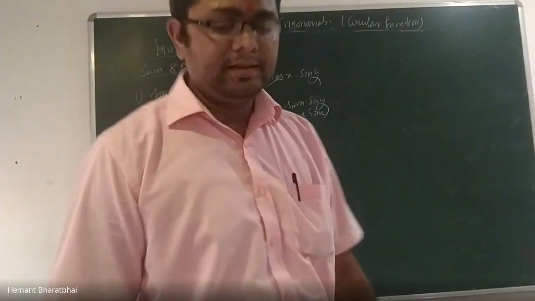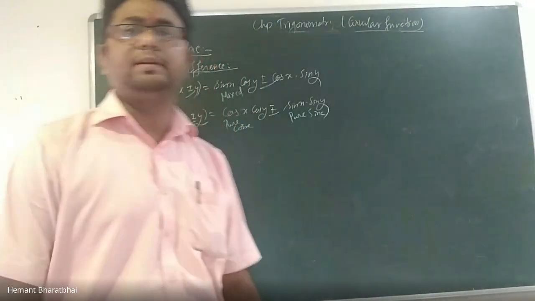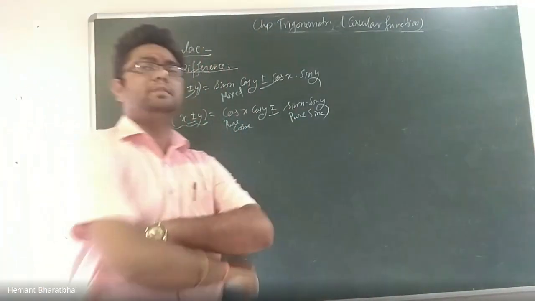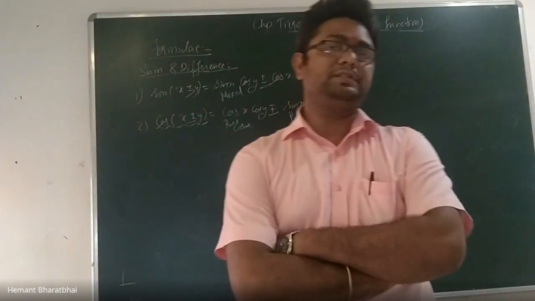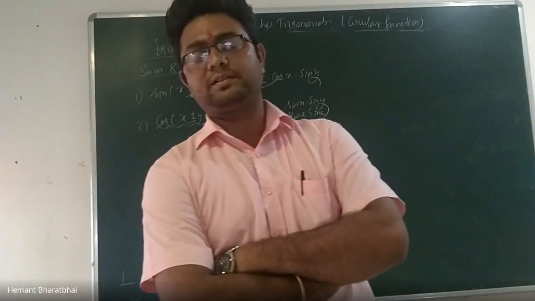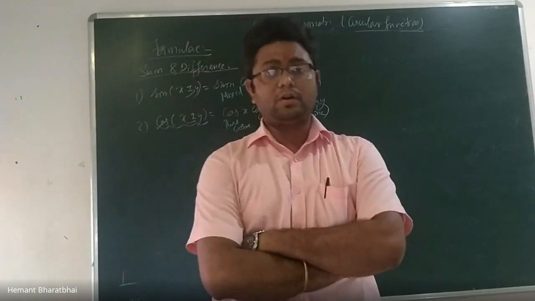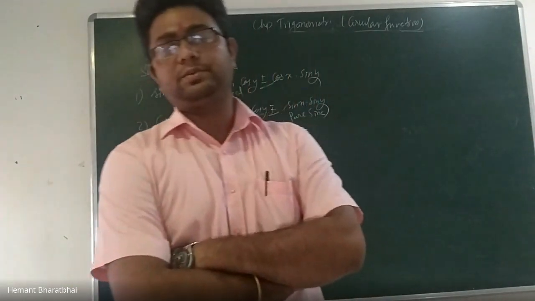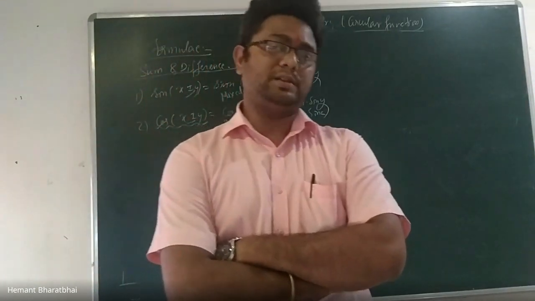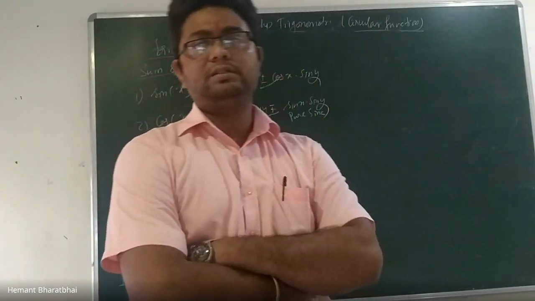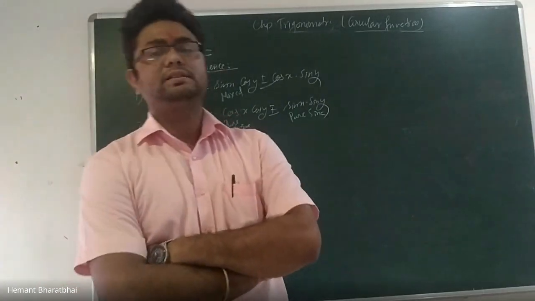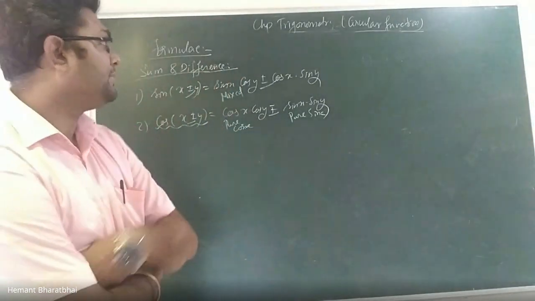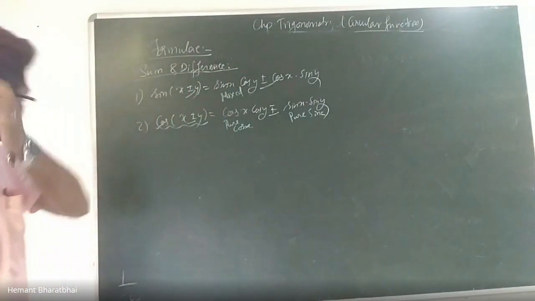Even if you just remember sin 2x which we had just written, it was 2 times sin x into cos x. Now when we wrote the cos 2x formula, it was 2 cos square x minus 1 or 1 minus 2 sin square x. So either in terms of cos or in terms of sin, whenever we have the formula for cos.